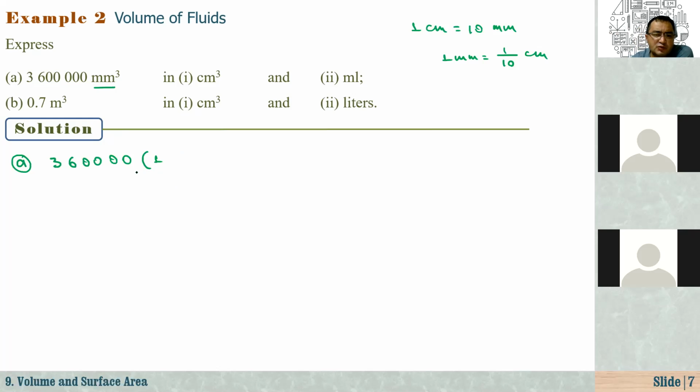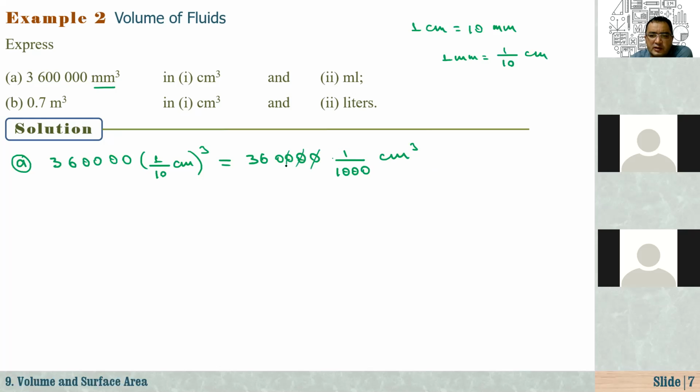So here I can write, instead of 1 millimeter, 1 over 10 centimeter cube. So now here we have 3,600,000. And how about 1 cubed? It is just 1 over 10 cubed, that is 1,000. And here we have cm cube.